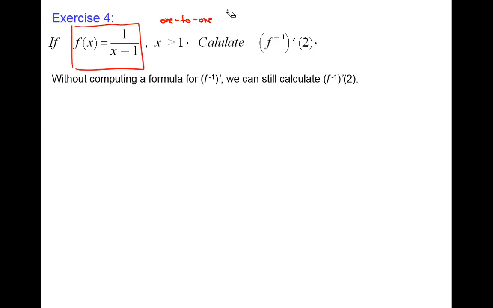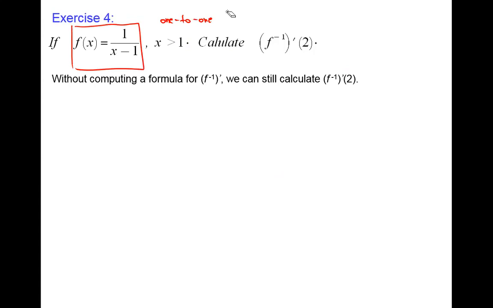If I would like to find intervals of increase or decrease, do you remember what tool we have to find? Yes, critical numbers, which means we have to find the derivative.